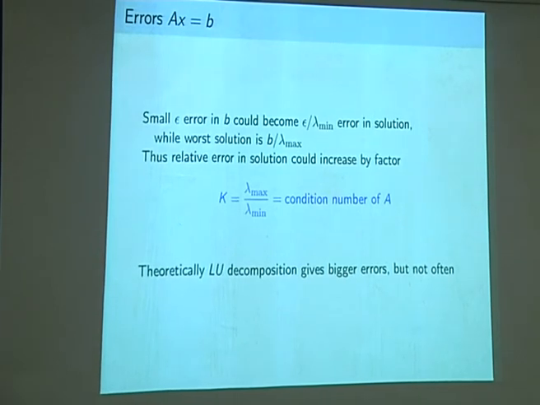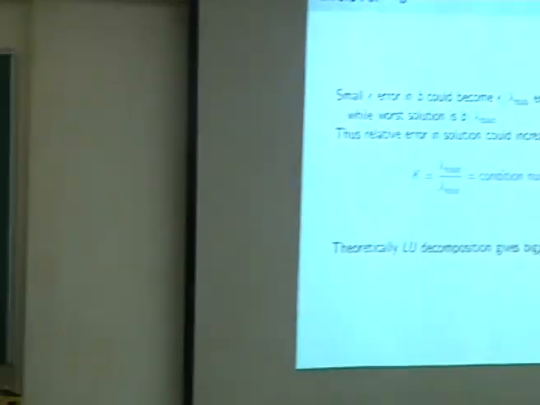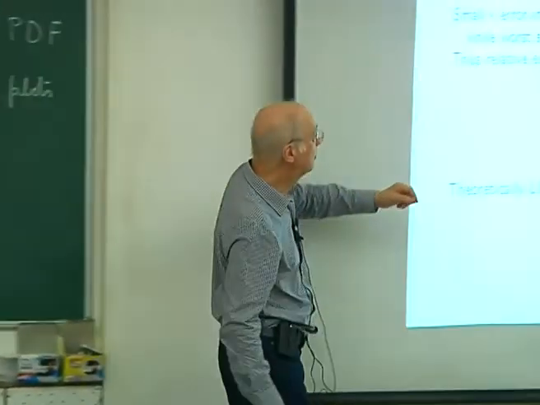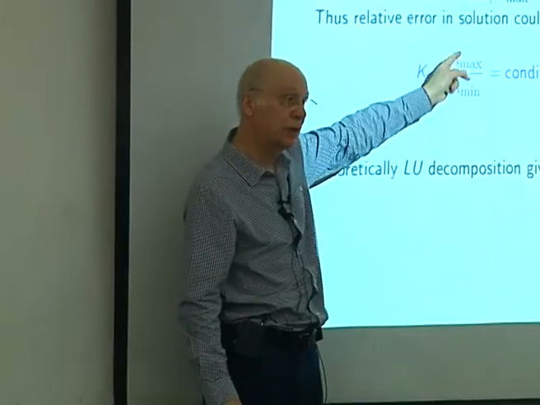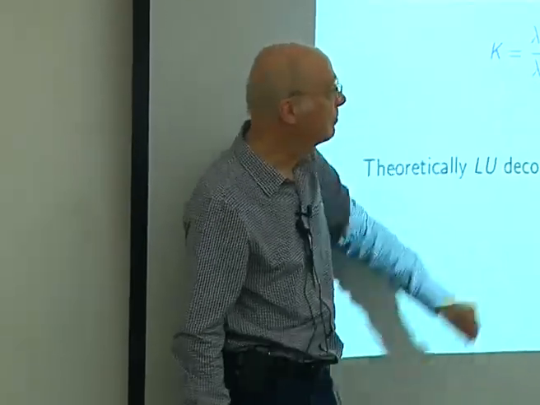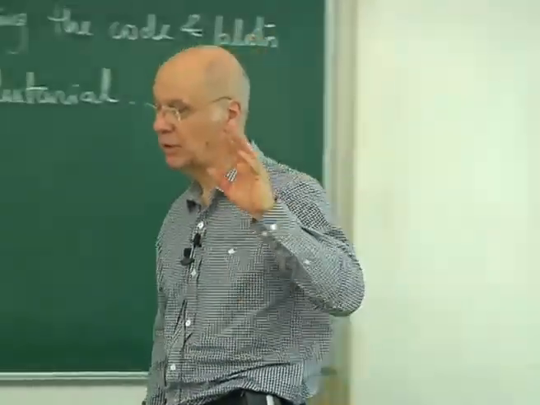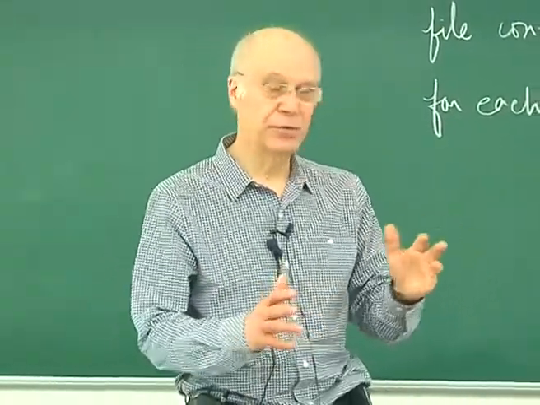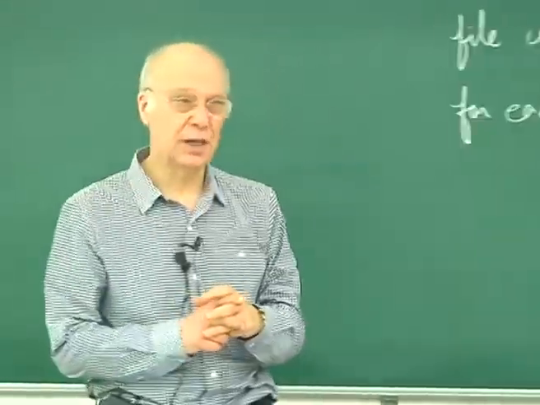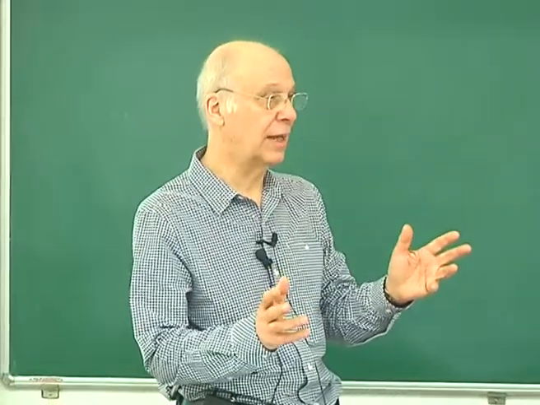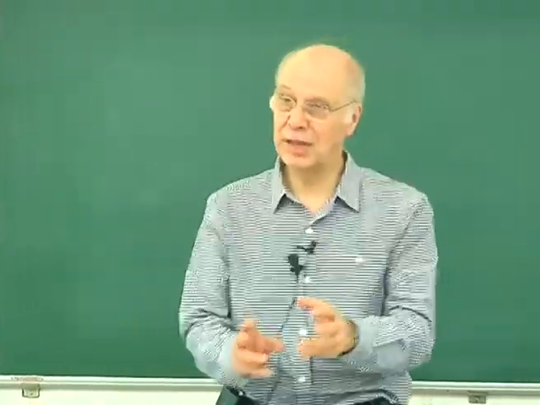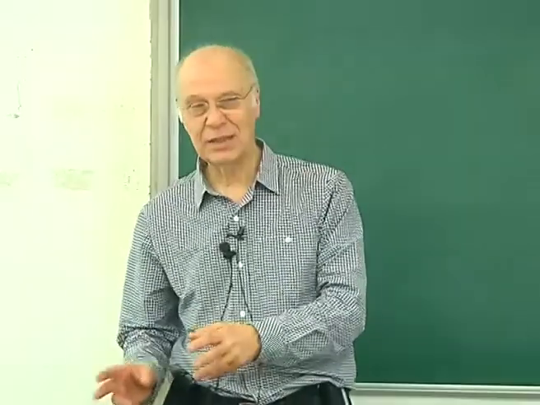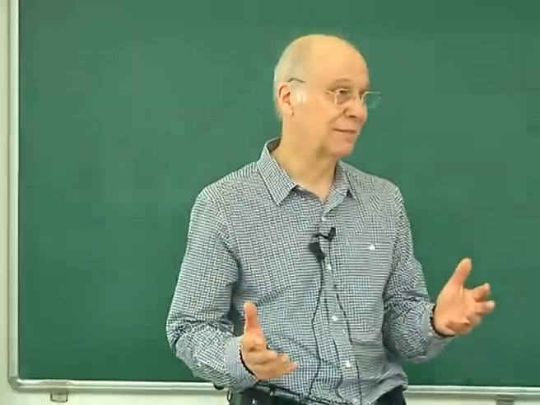So the relative error has increased by the ratio of the biggest and the smallest eigenvalues, which is called the condition number of the matrix. And unfortunately, in large partial differential equation systems, the condition number could be 10 to the 4, 10 to the 8. So what was a negligible rounding error, theoretically, can be blown up enormously. So that's sort of unavoidable.